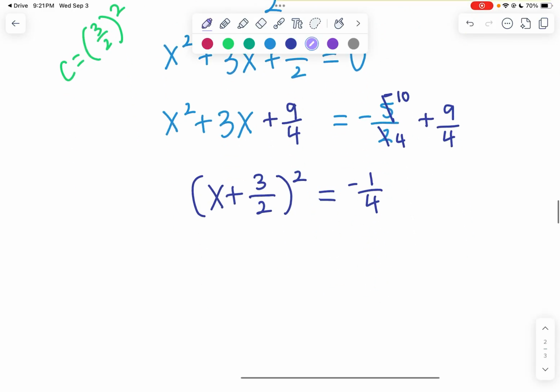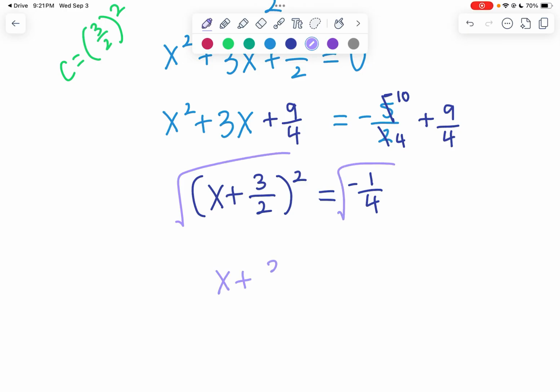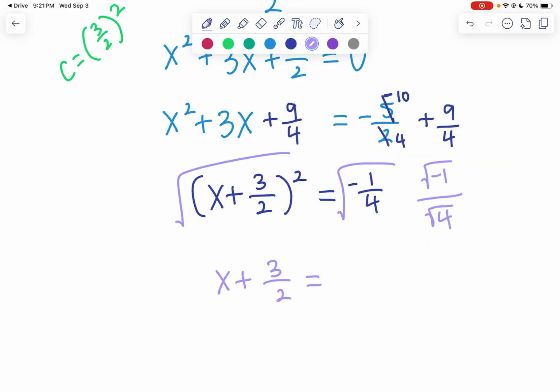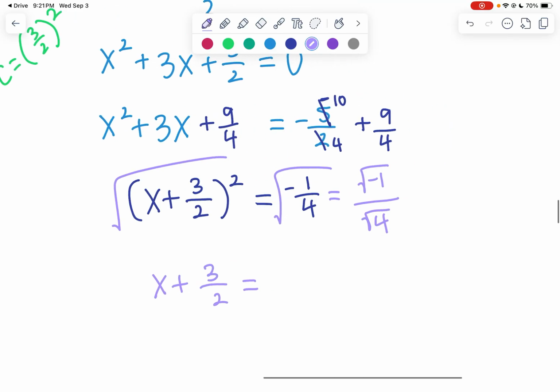And now I can solve by square root. So square root both sides. So I have x plus 3 over 2 equals, okay, that's the square root of negative 1 over the square root of 4. That's what this is, okay? Same thing. So that square root of negative 1 is really just i plus or minus, okay?